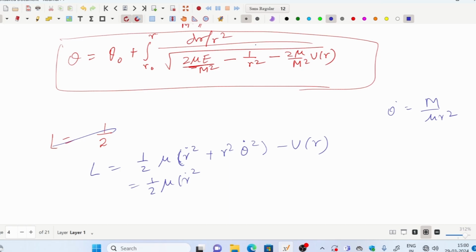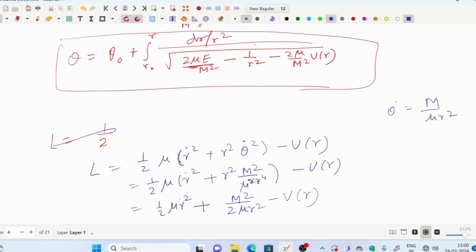So you will have r square m square by mu square r to the power 4, and then U of r. So this is half mu r dot square plus m square over 2 mu r square, because one mu gets cancelled with mu square, minus U of r.